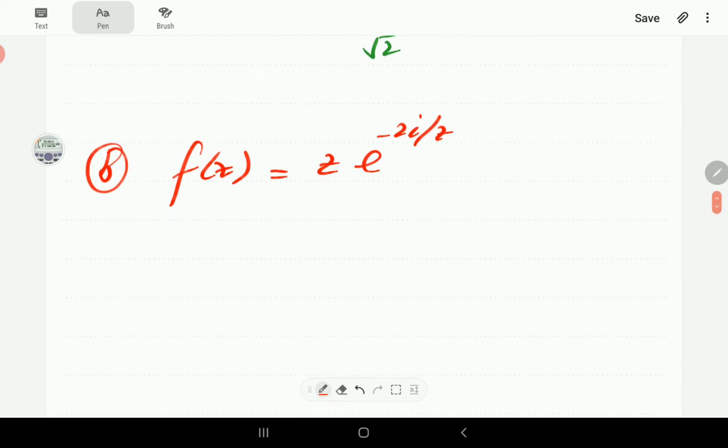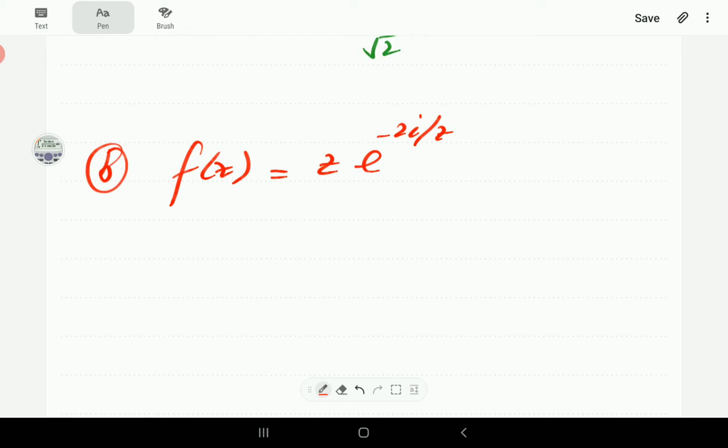So z is 0 is a singularity, but is it a simple pole? Is it a double pole? Is it a removable singularity? Since this one is not a rational function like polynomial over another polynomial, that's not so straightforward to see.